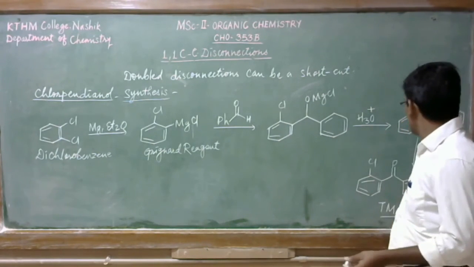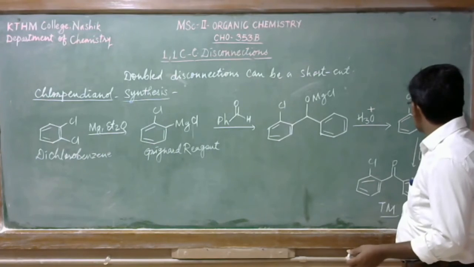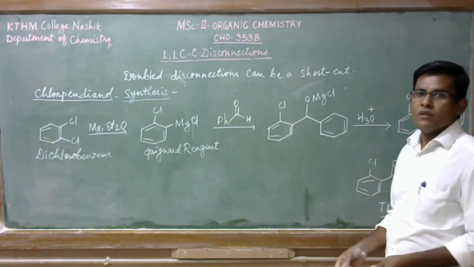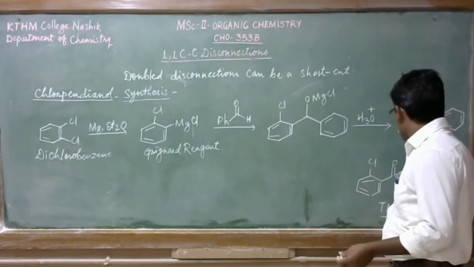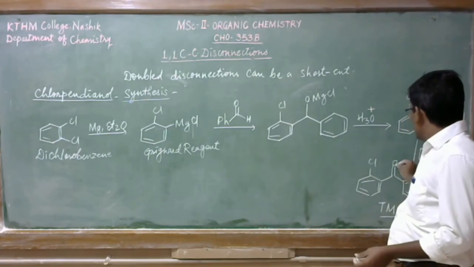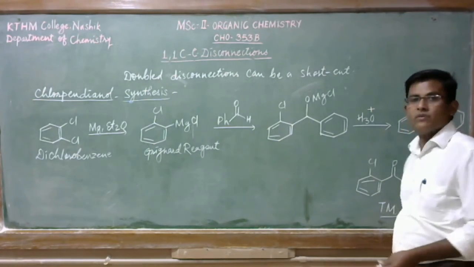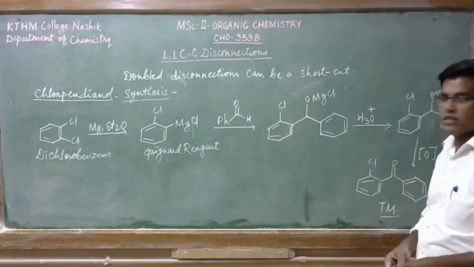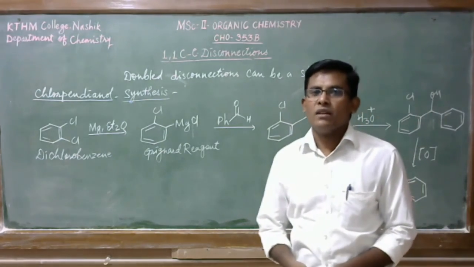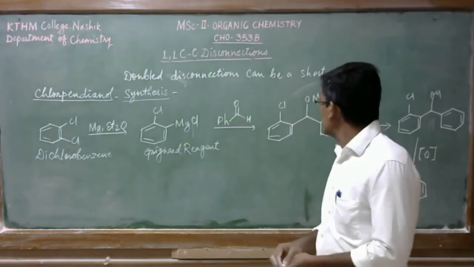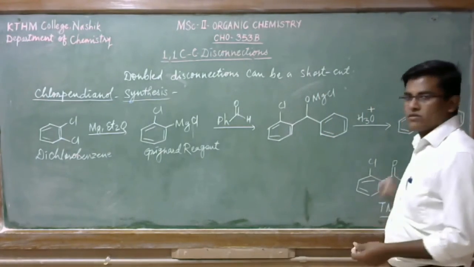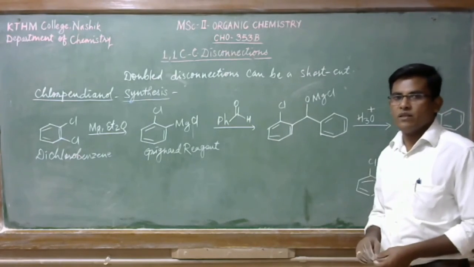And in the end, when you treat this secondary alcohol with an oxidizing agent, it oxidizes the alcohol to give this ketone. So in this way we can achieve the synthesis of this ketone. All right.